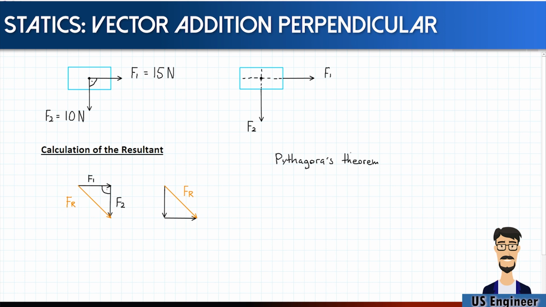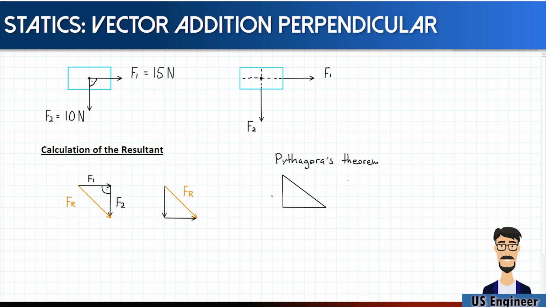Remember, Pythagoras' theorem states that if you have a right-angled triangle, which I'm going to draw, so you have one leg, another leg, and the hypotenuse, which is the longest side of a right-angled triangle.